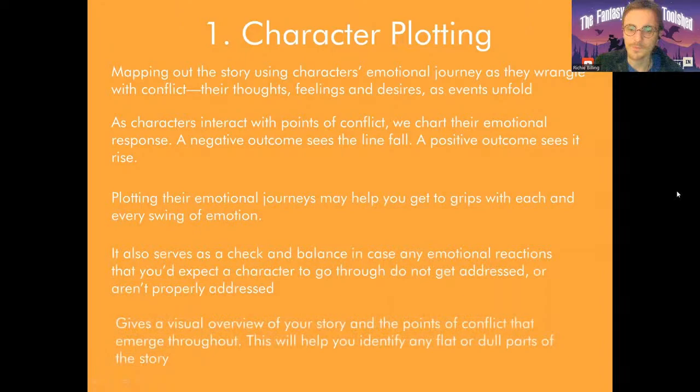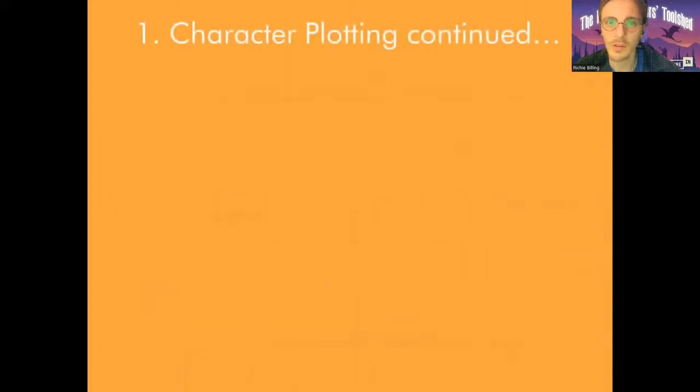I'm going to come to this visual thing next because it's quite handy, the graph. But it allowed me to work out that it was a flat part of the story. There was no turmoil, and there's a good chance I was going to lose readers at that point. So I added a little bit of conflict, and it works.